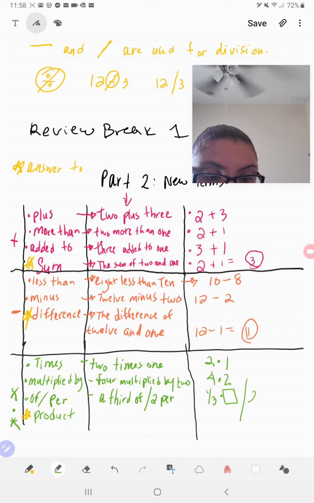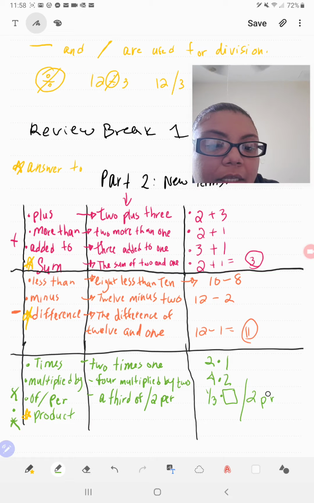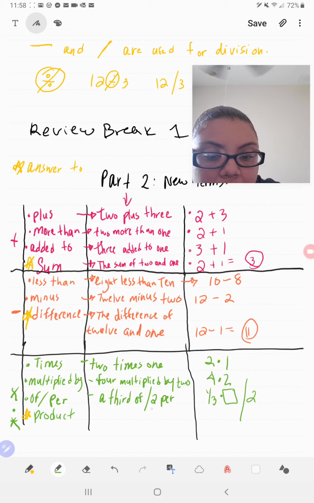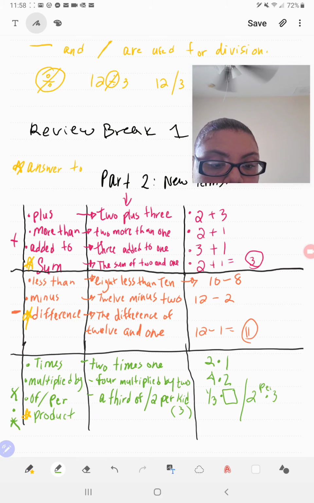And then if it says 2 per, let's say every, so if it says 2 candies per kid and there's 3 kids, then you're doing 2 times 3. So let's say 2 per kid, and there's 3 kids, then you're doing 2 times 3 for per.